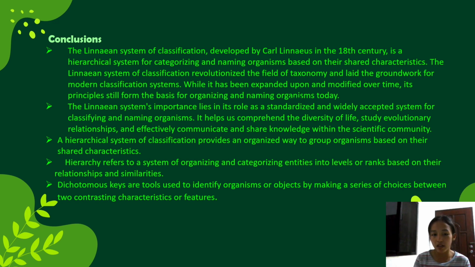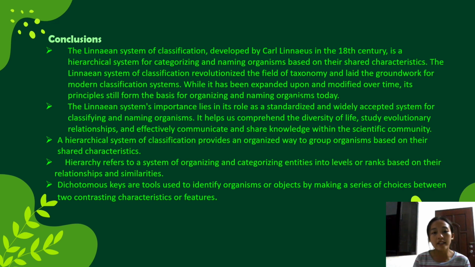The linear system's importance lies in its role as a standardized and widely accepted system for classifying and naming organisms. It helps us comprehend the diversity of life, study evolutionary relationships, and effectively communicate and share knowledge within the scientific community.